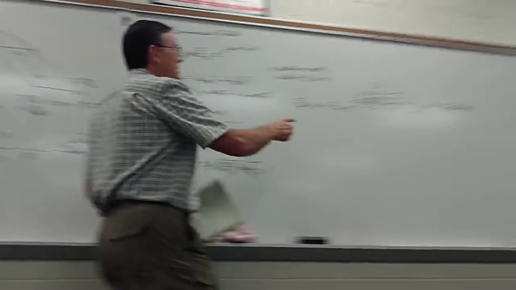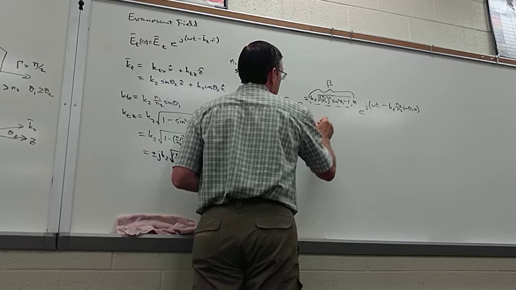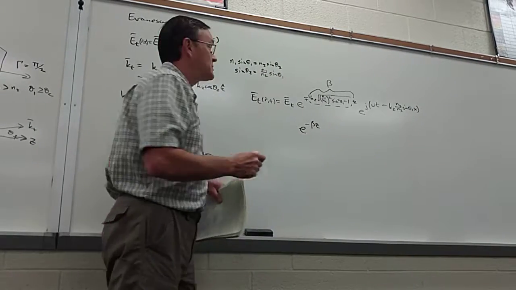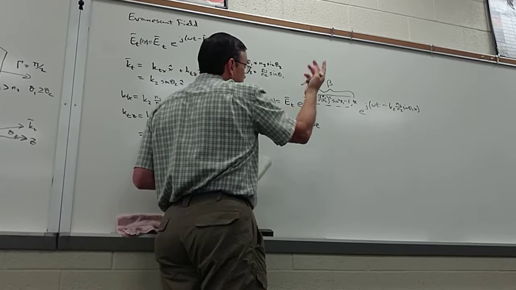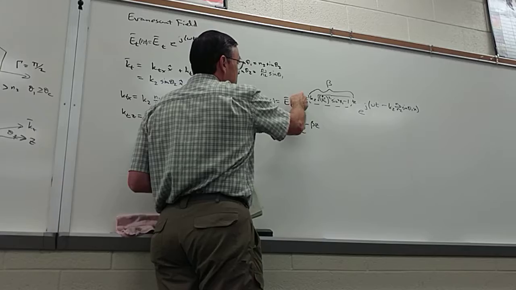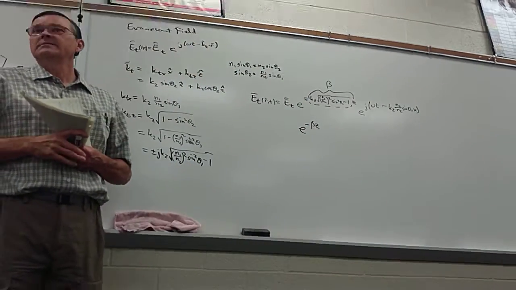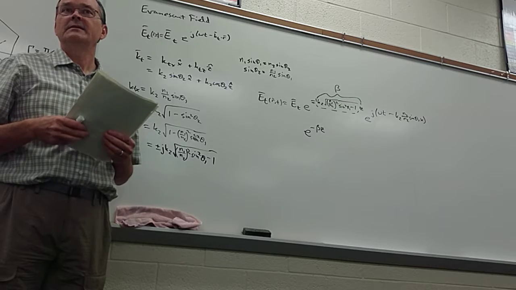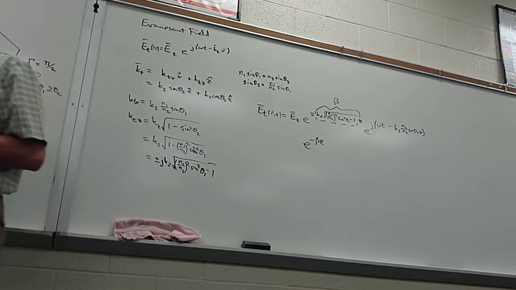And then what's this right here? Beta z. We don't take the positive term because that would mean it's exponentially growing, which is unphysical. So we take the negative, e to the minus beta z. What's it doing in the z direction? It's exponentially decaying. And that's an evanescent wave.